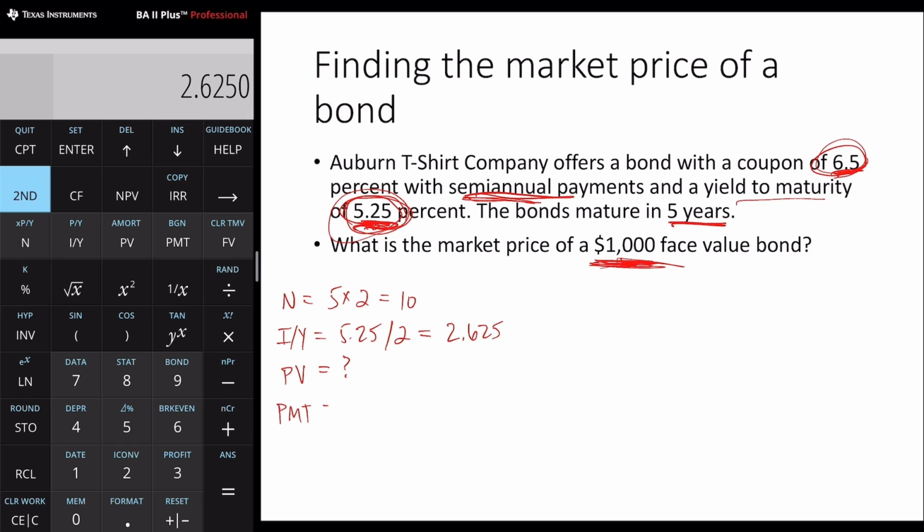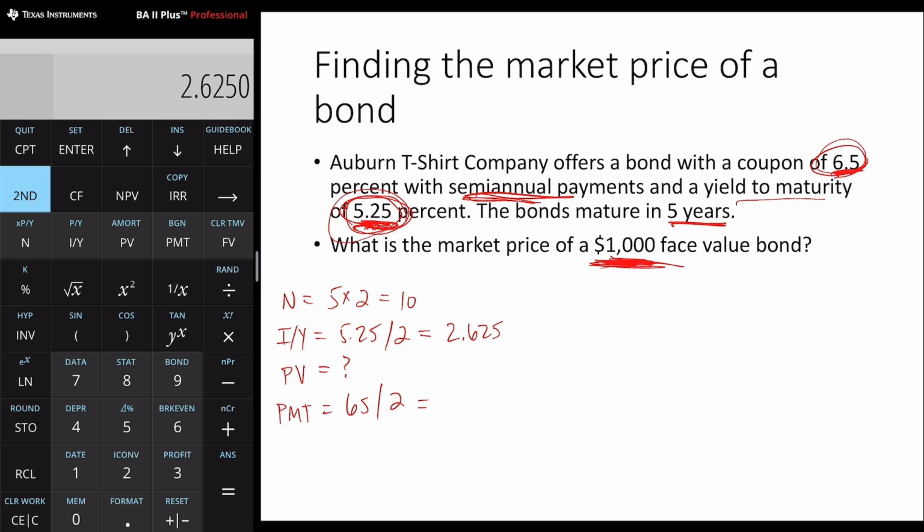Payment refers to the coupon payment, which I can see the coupon rate is 6.5%, and the face value is 1,000. And remember, the coupon rate refers to the rate that the company is paying on their face value. So I take the coupon rate, which is 6.5%, multiply it by 1,000, and I get $65. The $65 is what is paid annually.